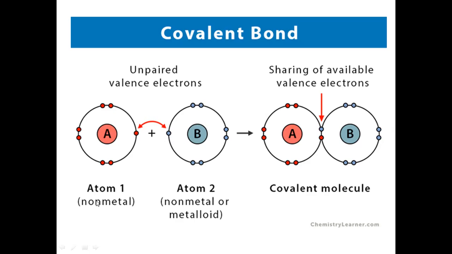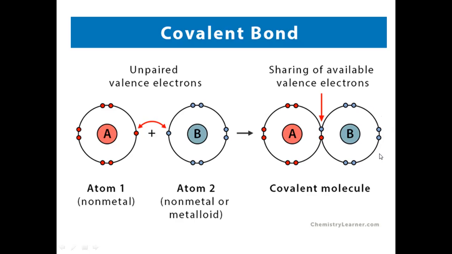And it may be a non-metal and non-metal, or a metalloid, as we have discussed in the previous slide. When the electrons are shared, this is the nature of the sharing of valence electrons. Now these two electrons become part of each of the atoms, and they are joined by the bond that is called the covalent bond.